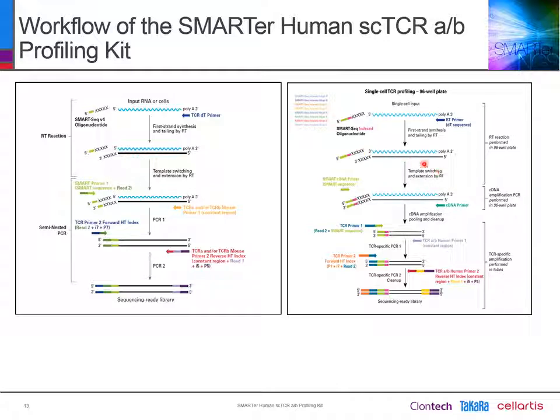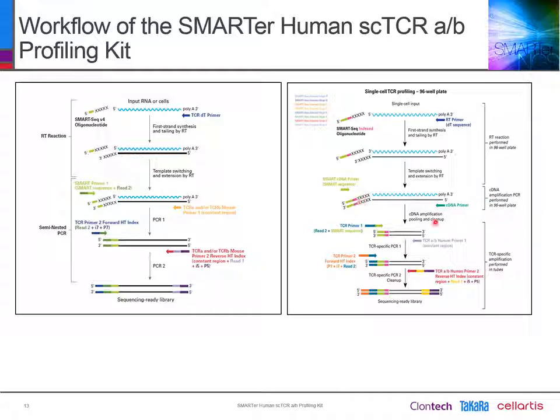Now, once we have done the first strand synthesis and extension by RT, we're then going to move into our gene-specific priming step. But before we do that, notice here there is an additional step shown of cDNA amplification with the cDNA primer. And the reason we incorporated that step here is because during the development of the kit, we noticed that from this single cell cDNA synthesis, we did not obtain sufficient yield for us to move into the gene-specific priming, TCR amplification.